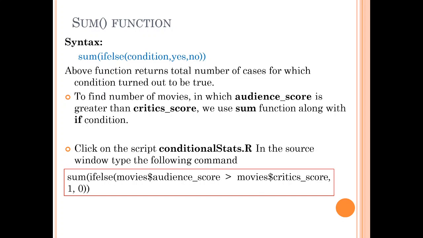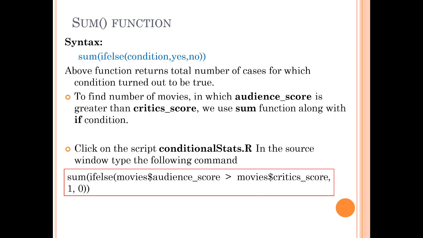Now we can have a sum function over the if-else statement to check how many times the condition came out to be true. So if we see the last code that we created or we ran, whenever audience score was more than critic score, that means whenever the condition was true, it was putting 1 in the final column, and whenever the condition came out to be false, it was putting 0.